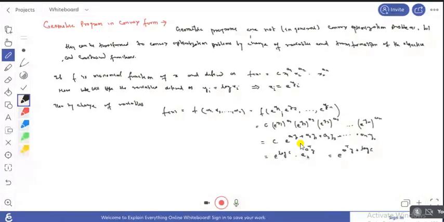Here c is greater than 0, and the logarithm of that is another constant. Suppose that constant is b, because c is an arbitrary constant. So this equals e to the power a transpose y plus b.